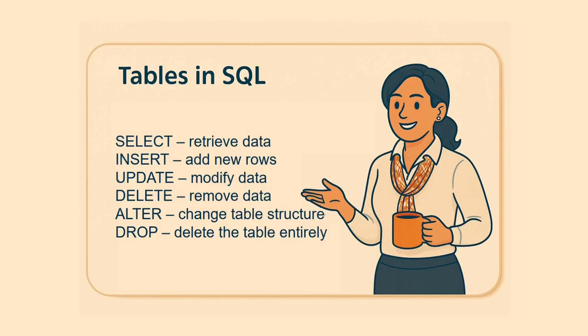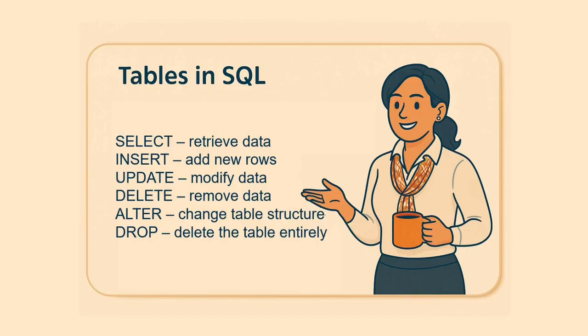For the tables, we can do several operations. These are some of the operations. We can use select to retrieve data, insert to add a new row. We can insert several rows together in one insert statement. Update to modify the data, delete to remove, alter to change the table structure, like adding a column or attribute, deleting something, or changing the structure of the table.